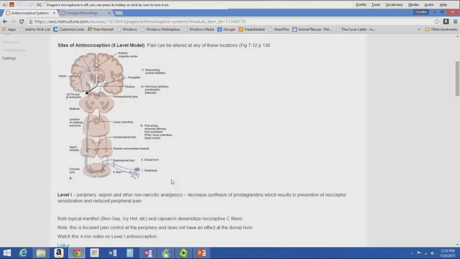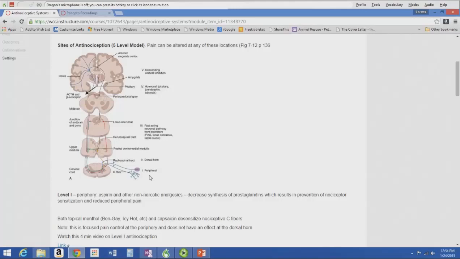So it can be altered in the peripheral system, and we'll talk about each one of these in detail. Actually, we just talked about level 2, the dorsal horn. So it can be at the periphery, in the dorsal horn of the spinal column, in the fast-acting neuronal pathway from the brain stem.